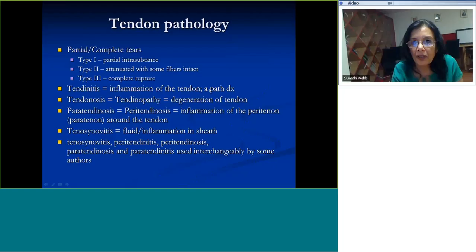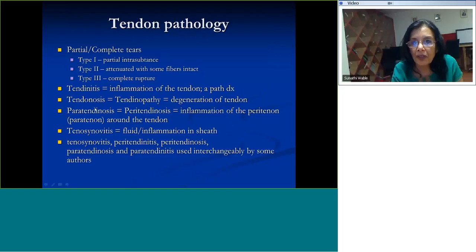Just to review the tendon pathology and the terminologies used, we do not use in MRI the term tendinitis. Tendinitis is more a clinical diagnosis and a pathological diagnosis to see inflammatory cells in the tendon.